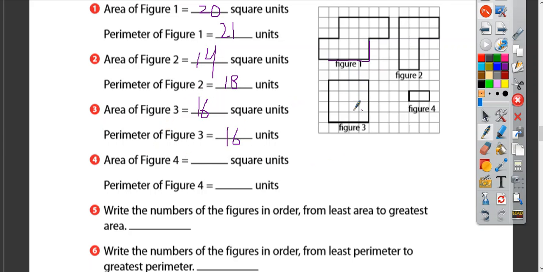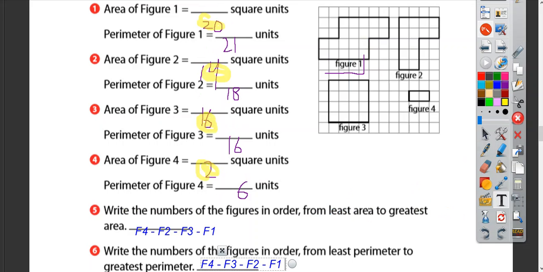The area of figure 4 is 2 square units, and the perimeter of figure 4 is 6 units. Now write the numbers of the figures in order from least to greatest area, and here write them in order from least perimeter to greatest perimeter. Let's go now to the next question.